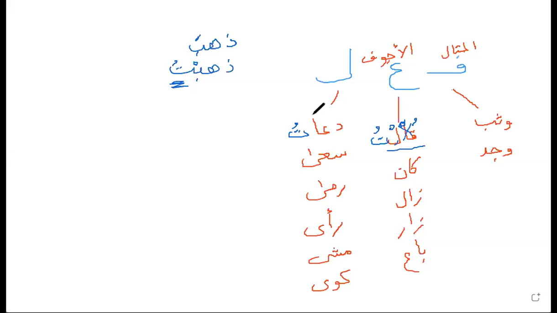So this letter has already got a sukoon. So you don't need to delete it, but it's difficult to pronounce. You can't say da'atu. So this letter has to change to either a ya or a waw.